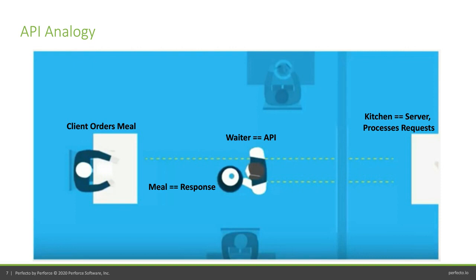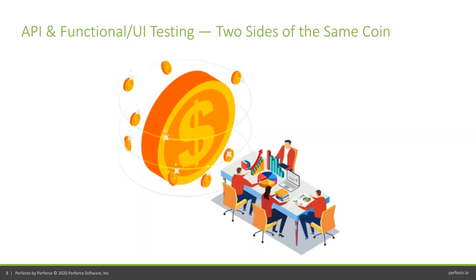With regards to test automation, again, I will later on move to the test pyramid. But API and functional or UI testing, and actually non-functional testing as well, are serving two sides of the same coin.